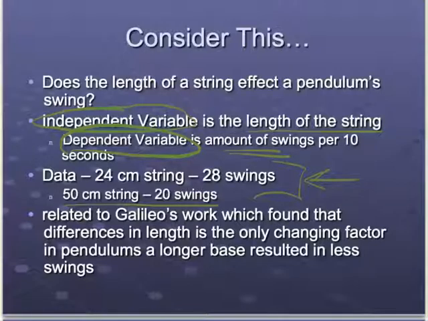So does that sentence state a fact and also have those 2 things in it? You bet. So our claim could be that the longer the string, the slower the pendulum swings. Hopefully you can all see that right up in here.